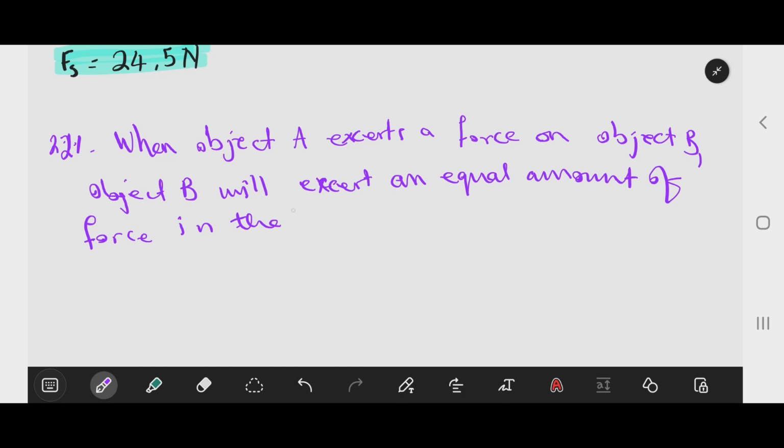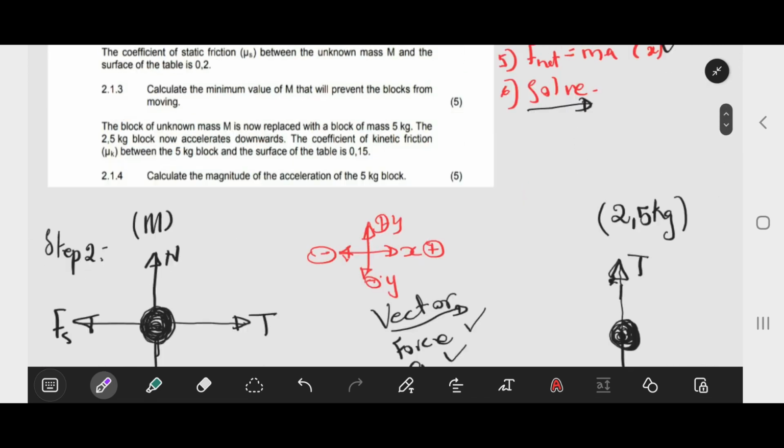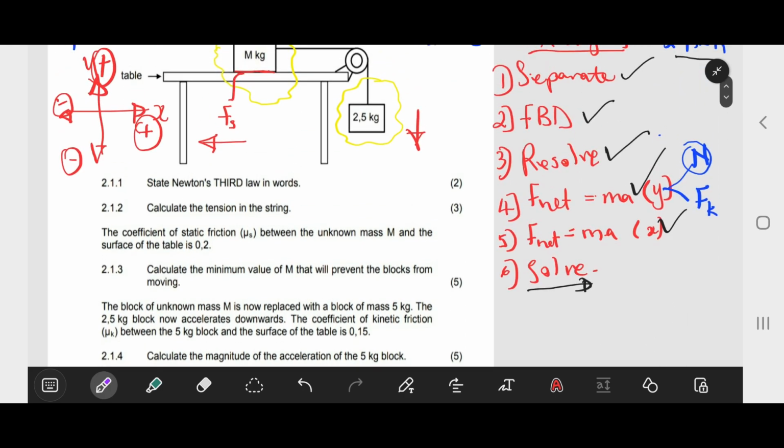So object B will simultaneously exert a force on object A, which is equal in magnitude and opposite in direction. So it will exert an equal amount of force in the opposite direction. So that is the first question, which is just stating. So let us go to the calculations now.